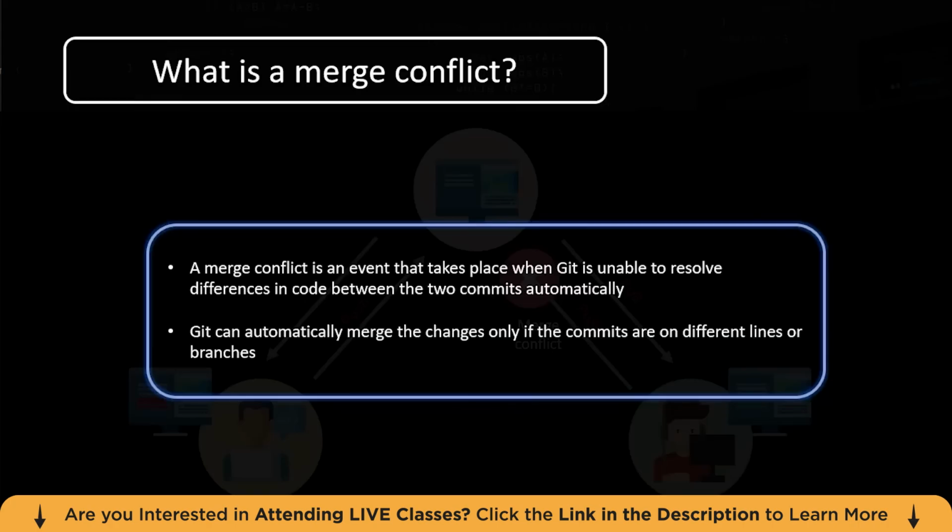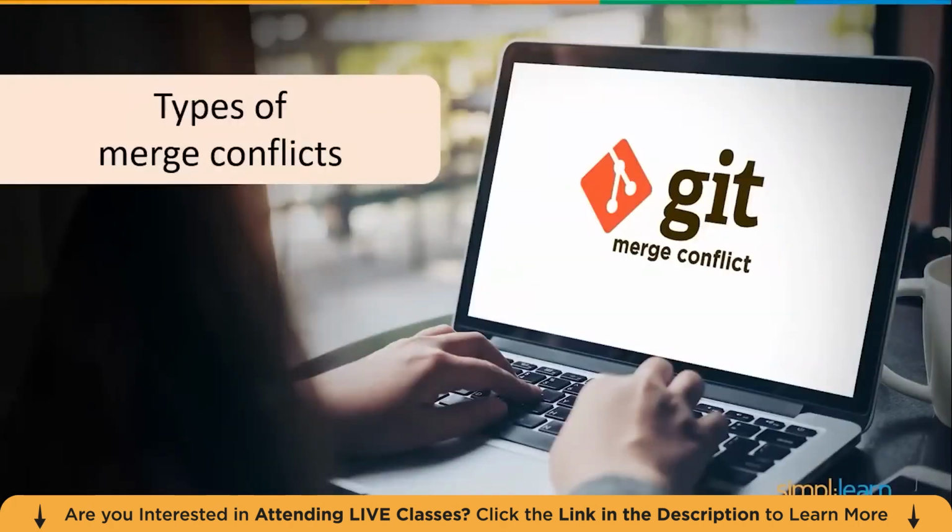It could be a possibility that one merge happens successfully, and then the next merge will be cancelled and deferred due to the merge conflict. Git can automatically merge the changes only if the commits are on different lines or branches. If at any moment you are diverting from the process and you have different lines of source code, that is where merge conflicts come into the picture.